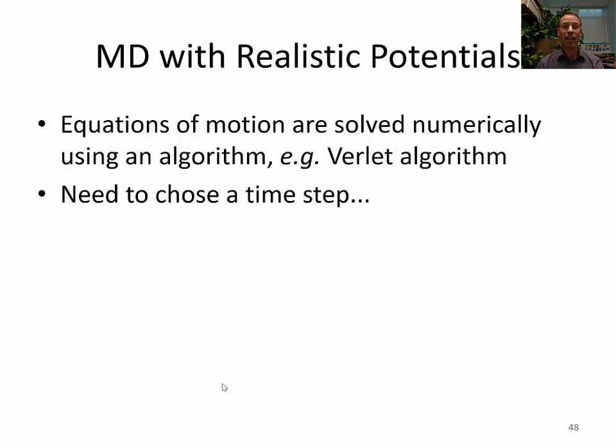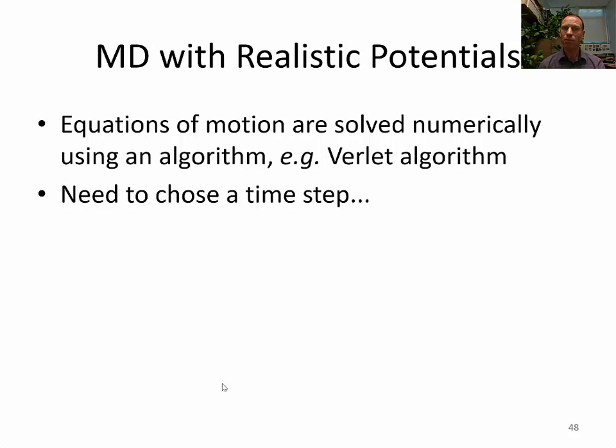The key thing with molecular dynamics is you need to choose a time step. Again, like with Monte Carlo, if you make the step too big or too small, then it's inefficient. With molecular dynamics, it's a time step now, not a step in space. If you make the time step too big, then atoms will have moved too far and the structure will no longer be sensible.